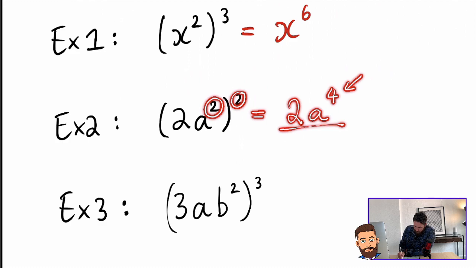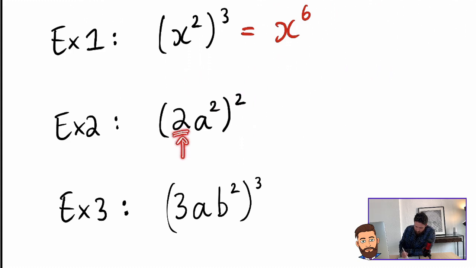What they have failed to do is also raise this 2 to the power 2. So this is what they should have done, so you can copy this down now. First of all, a squared, that has a power, we're going to times those together, that's all good. 2, and we've discussed this, 2 doesn't have a power, but we know the technical power to 2 is 1.